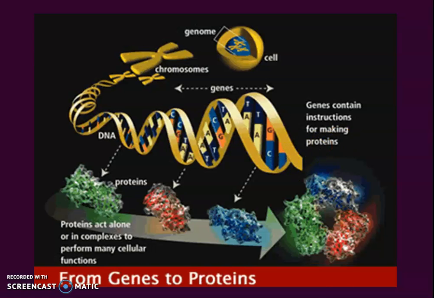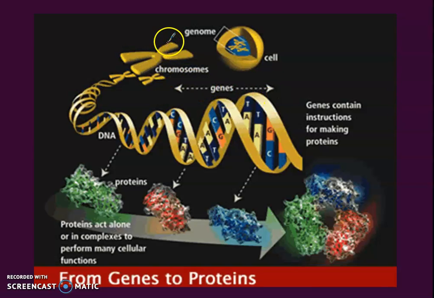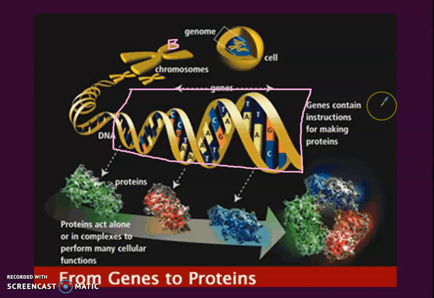So let's use our example of eye color again. Let's say from dad, you received a gene on this chromosome that is capital B. That's the dominant gene for brown eye color. If we look at what that actually means, in this sequence of A's and T's and C's and G's, that tells your cells to build a protein called melanin.